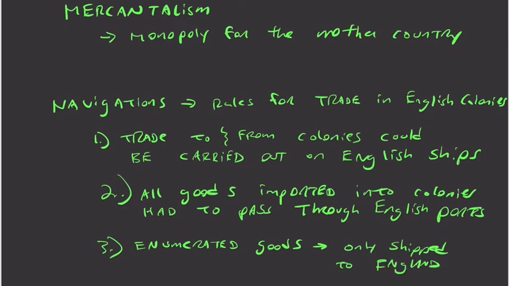So with this idea of enumerated goods, England could pick out whatever goods might fetch the most money. Tobacco, later on things like hats and furs and iron. They might say all these enumerated, or in other words, these listed, specified goods can only be shipped to England, which means that you can't sell them to anybody else. So that would give them a complete monopoly on it. So this system is very much geared towards a mother country and enriching them.